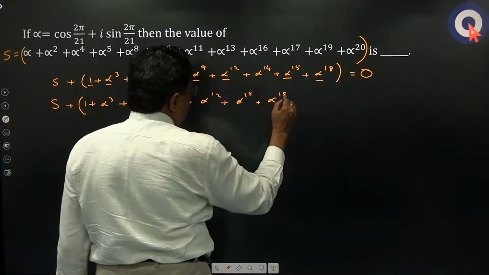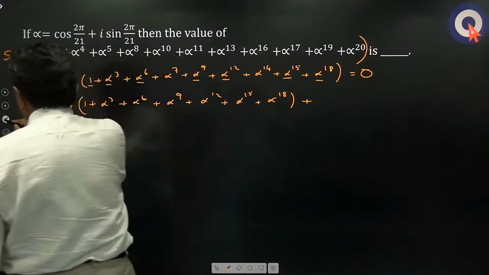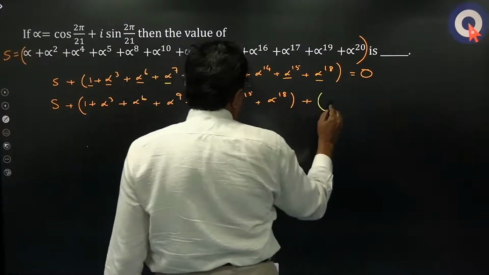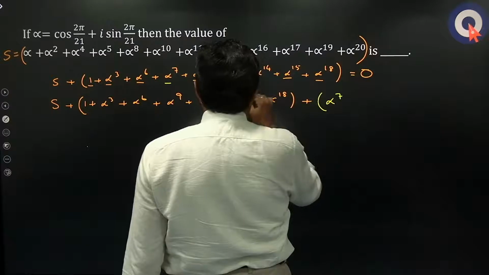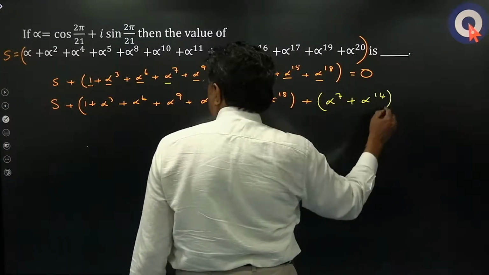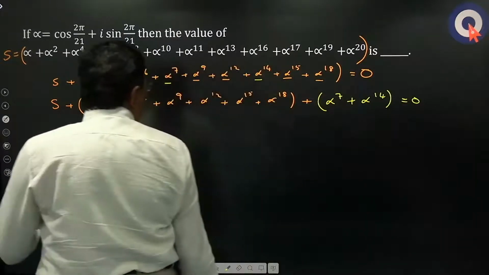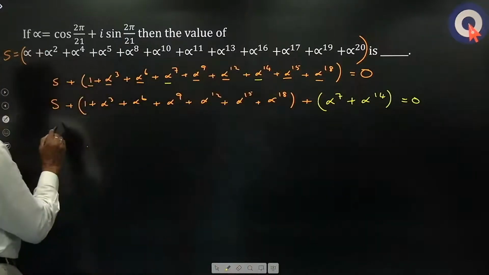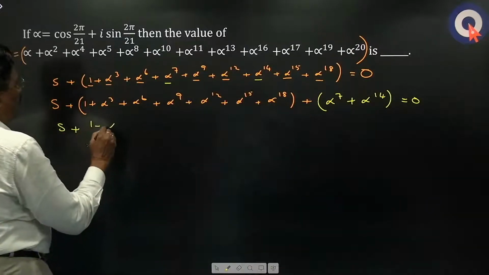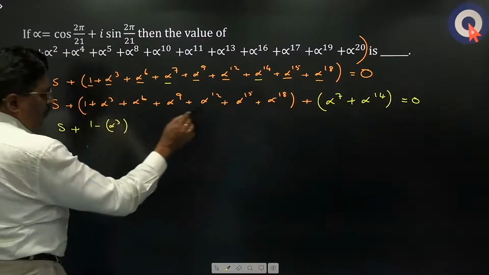This much I will take in one bracket, and these terms, alpha power 7 and alpha power 14, we shall just put separately. So this is equal to 0 anyway because it is the sum of all the roots. We need S. So S plus, now this summation is 1 minus alpha cube to the power, see the number of terms is 8.